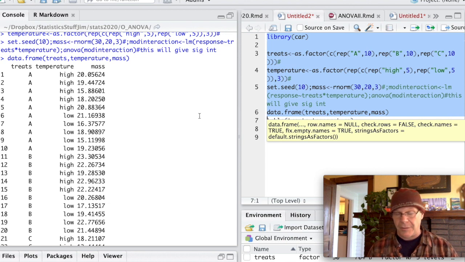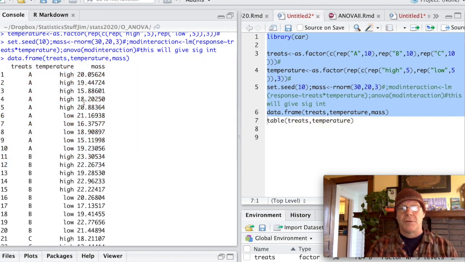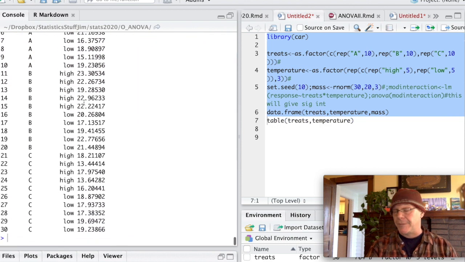In my brain, I always end up reverting to thinking about raising caterpillars. And so here we're comparing three different diets for these caterpillars in an experimental grouping where there's a high temperature and a low temperature treatment, and we're looking at the mass after a certain amount of time. And this over here is what the data might look like if you were to read it in from Excel or something like that.